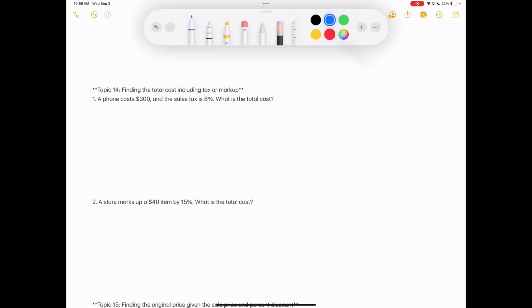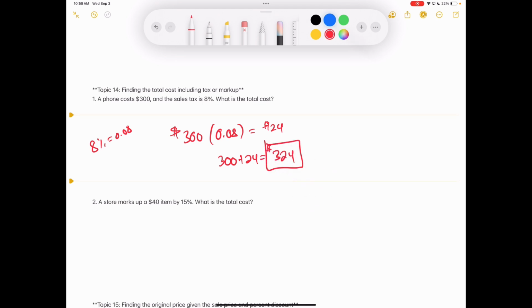The total cost. So a phone is $300 and my sales tax is 8%. So that's 0.08. 300 times 0.08 is $24. So I pay $300 for the phone plus $24 tax. My total bill is $324.